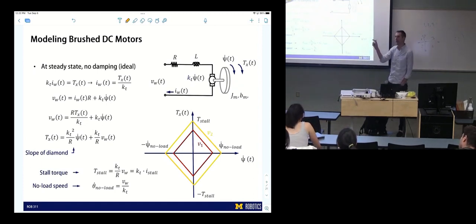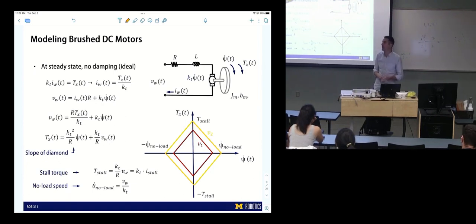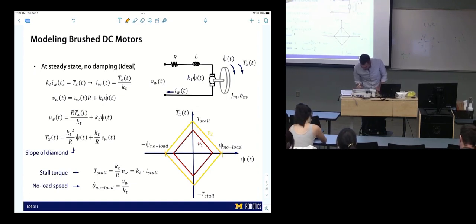Depending on that applied voltage and the torque being provided, it will ride along these lines, where if you scale that voltage, that diamond grows or shrinks. We talked about salient properties of this curve, namely the stall torque and the no-load speed, which are here and there.